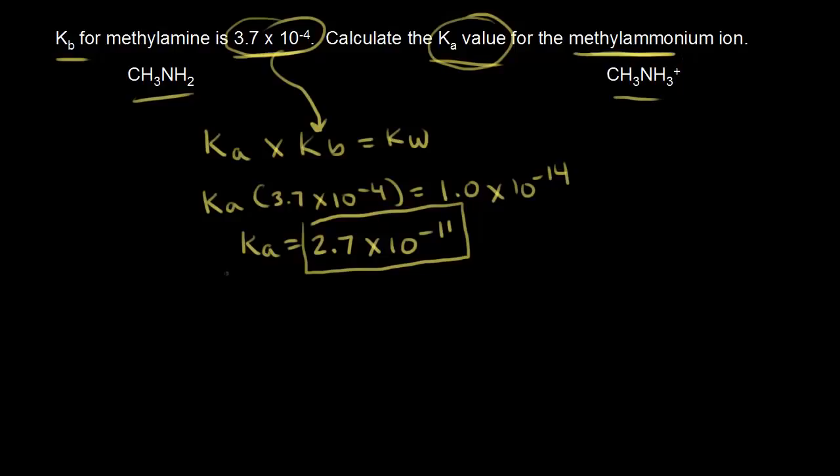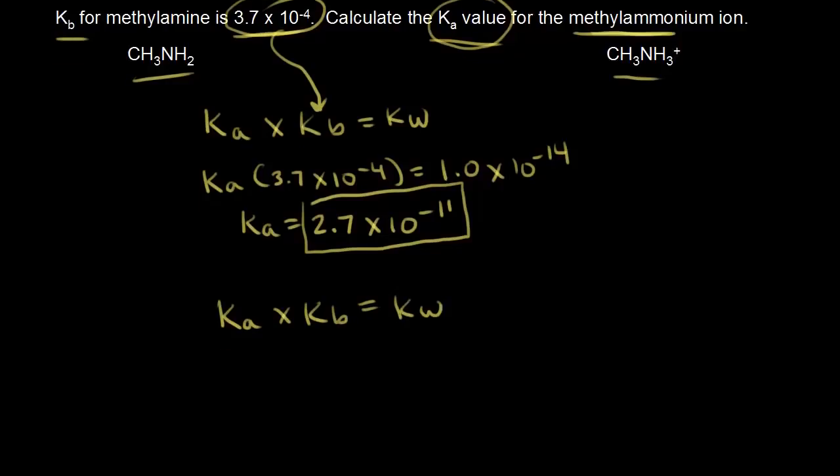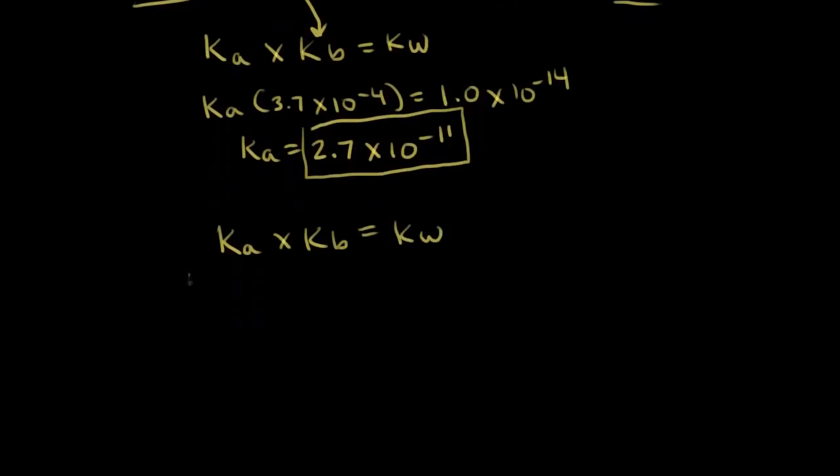Let's go a little further. So let's take our equation here. Ka times Kb is equal to Kw. Let's take the log of both sides. Right? So that would be the log of Ka times Kb is equal to the log of Kw.